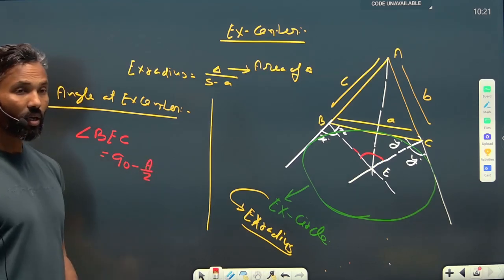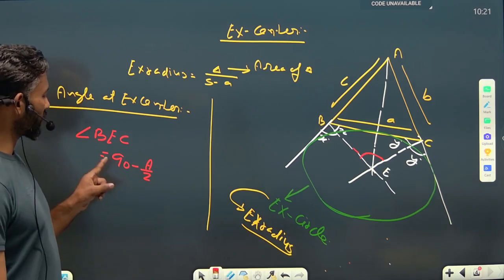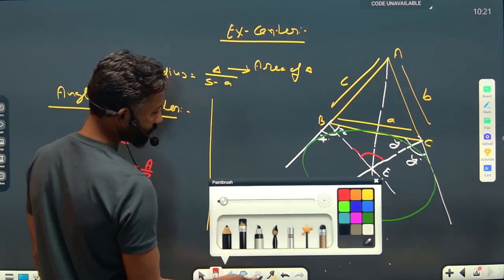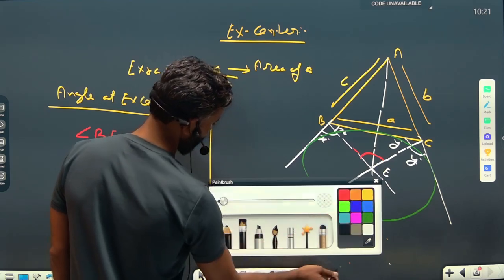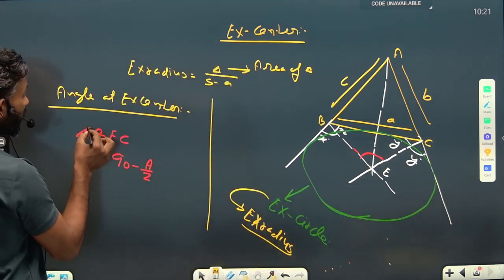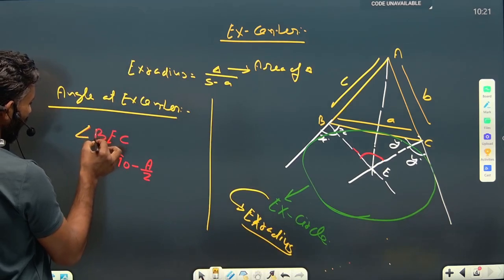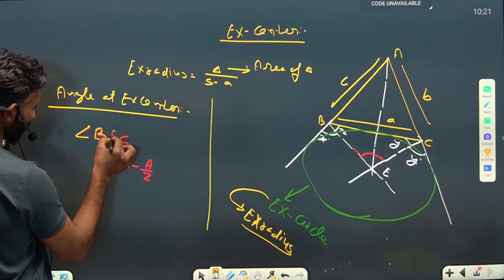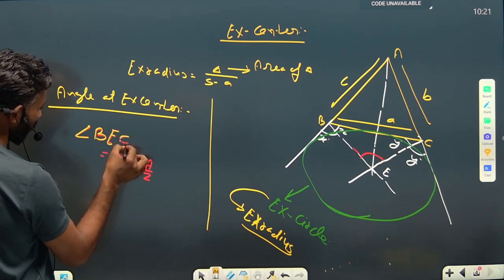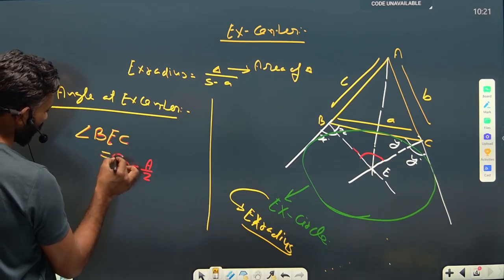Understand that? In the case of the incenter, you just write 90 plus half of the opposite, but for the excenter you write minus: 90 minus half of the opposite. It will be the value of the angle at the excenter.